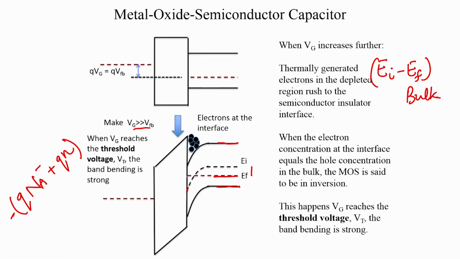I will draw Ef as a continuous line just for clarity. So, Ei minus Ef in the bulk, we will give it a special symbol, we will call it phi f. We will say that this difference is q phi f.